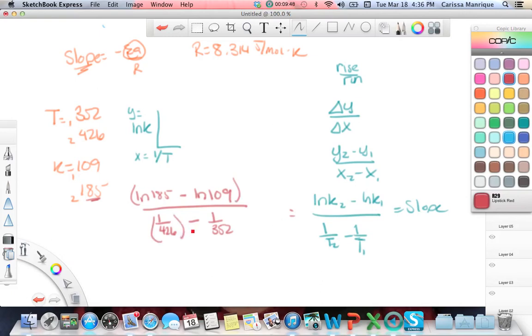Make sure you put your parentheses in correctly for your calculator. Okay? And I'm going to stop at this point to make sure you're able to do it on your own.